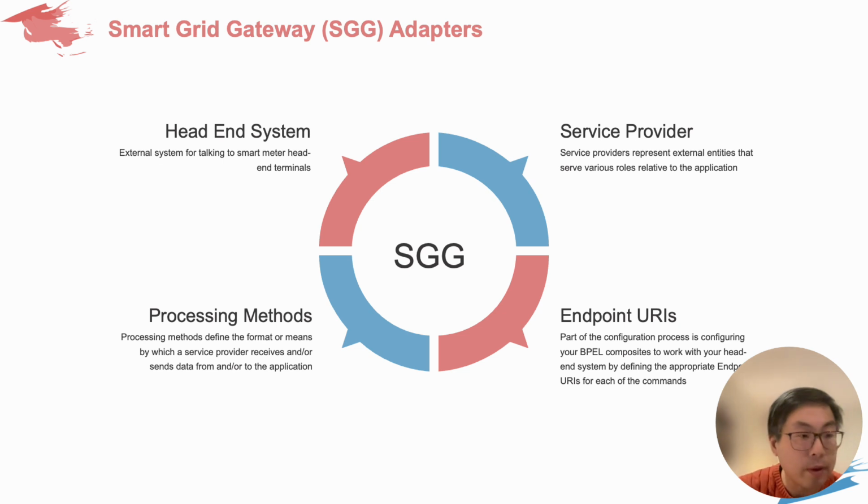For example, if your device is made by a Chinese company, and they have a different head end system compared with a meter supplied by another vendor, there are two head end systems, and they have different protocols, different messaging structures, and so they probably have different requests and responses in terms of conversation to the system for a certain action.